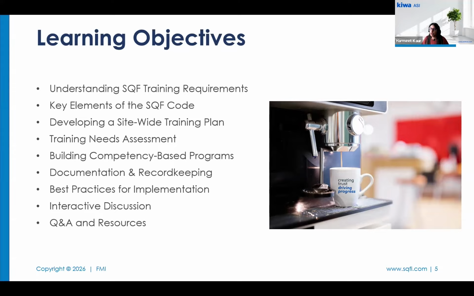We will also talk about conducting a training needs assessment, building competency-based programs, and the critical importance of documentation. And we have also built in 2 interactive discussion questions here, because we want to hear from you about what challenges you are facing. And then we will wrap up with our best practices, resources available to you, and plenty of time for Q&A. So let's dive in.